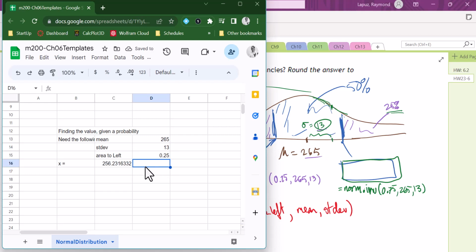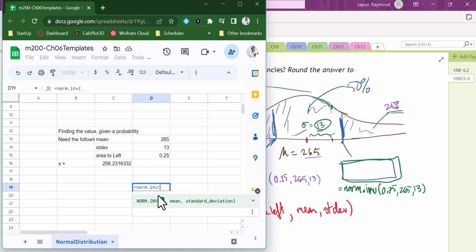A better way to do that without using the template is to literally type norm.inv, then the area to the left, 0.25, that's 25%, then 265, comma, and 13, and that's our result.